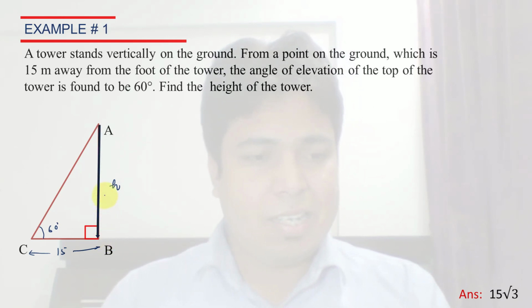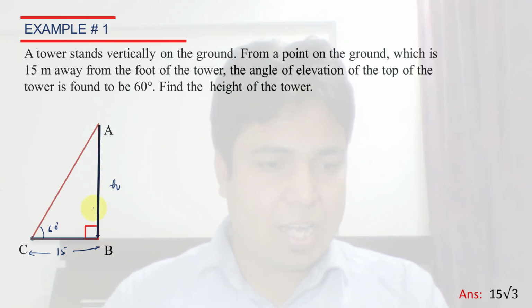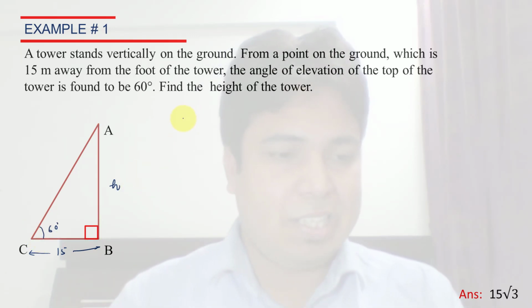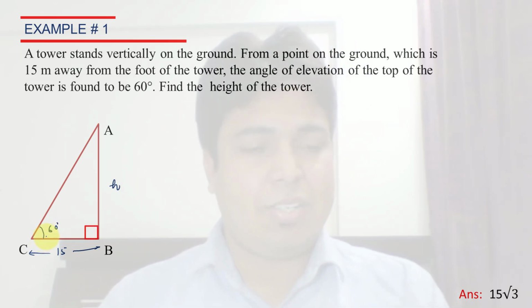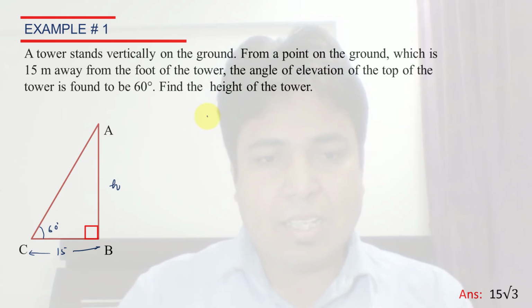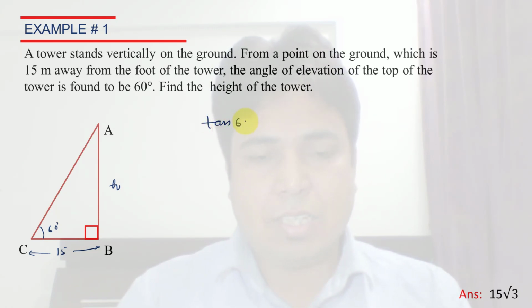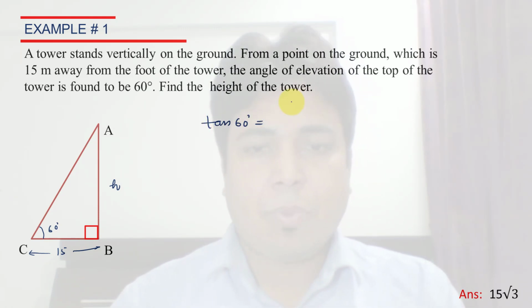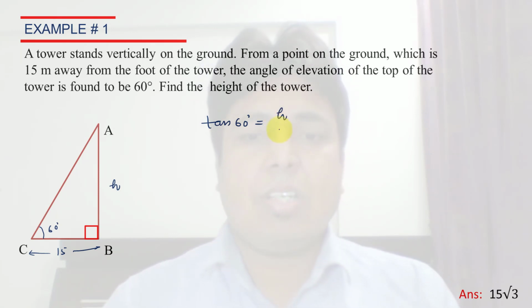So is there any relation between this side and this angle? You can think about the tan of this angle, which is height upon base. So tan 60 degree is equal to height h upon base 15 meter.